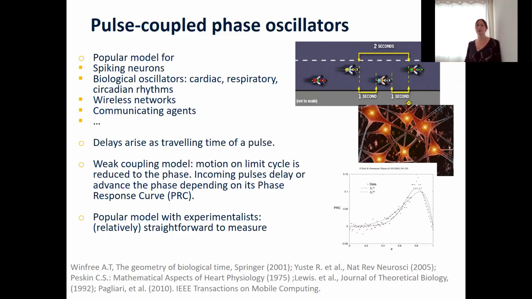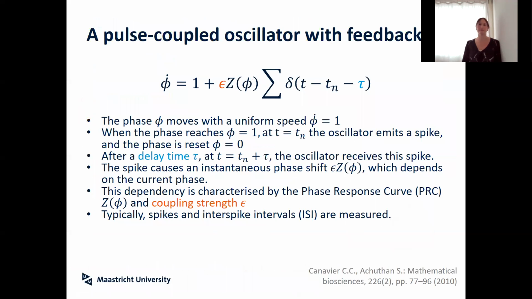It's also a popular model with experimentalists. Why? Because you can simply give a pulse to an oscillator and then measure the phase response curve by measuring the difference in interspike intervals.